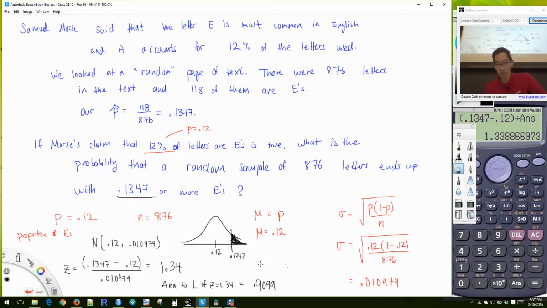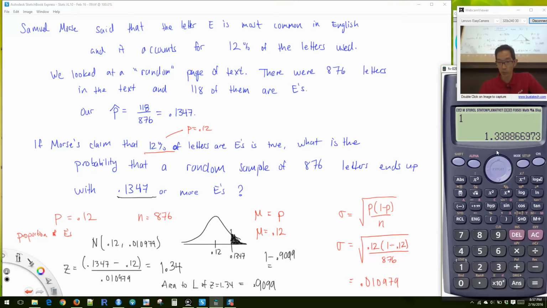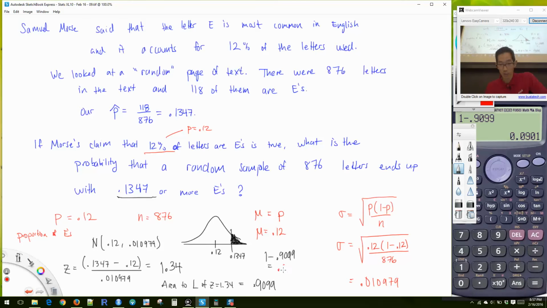That means the area to the right is 1 minus 0.9099, which is 0.0901. So we have about a 9% chance that a random sample ends up being 0.1347 E's or more. So about 9%.